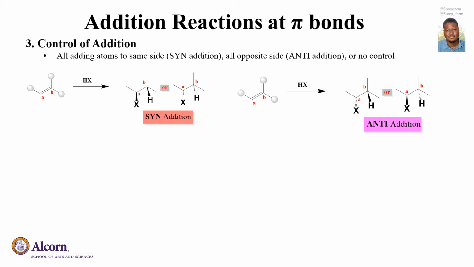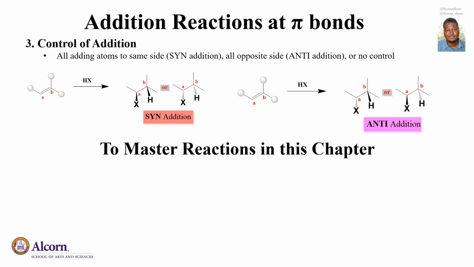So one atom here is on a wedge and the opposite atom is on a dash, or the converse, where one is on a dash and the other is on a wedge. To master the reactions for this chapter, we need to consider all three things for all reactions that we're going to learn.